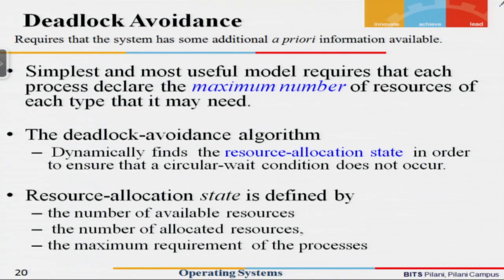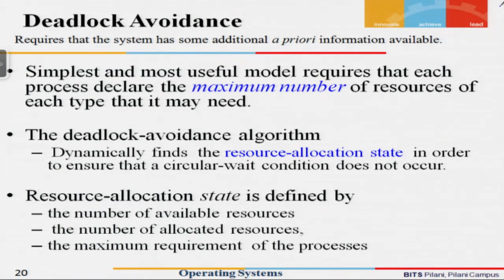In the case of a deadlock avoidance algorithm, what it tries to do is dynamically determine the resource allocation state, and it works in a manner that circular wait does not occur. So essentially we need to know the resource allocation state.